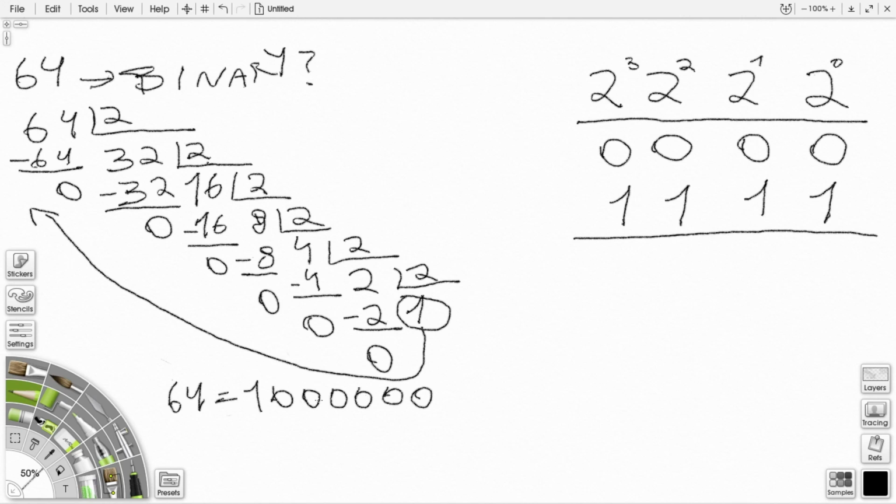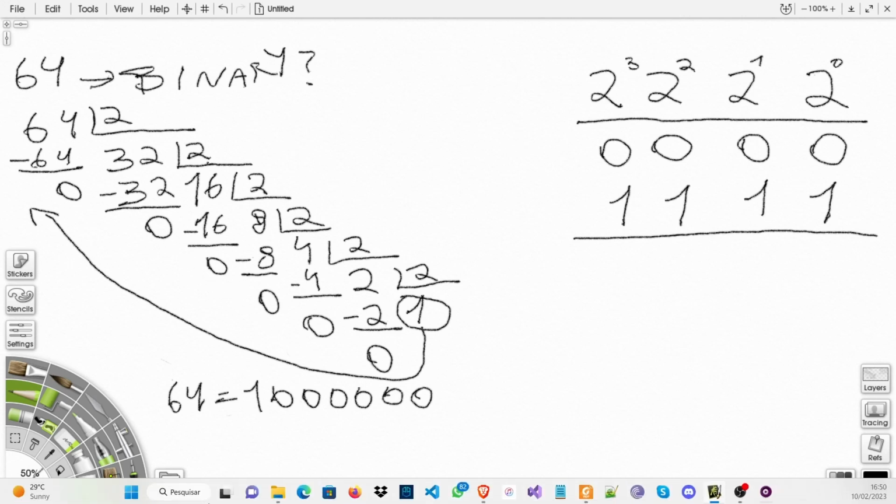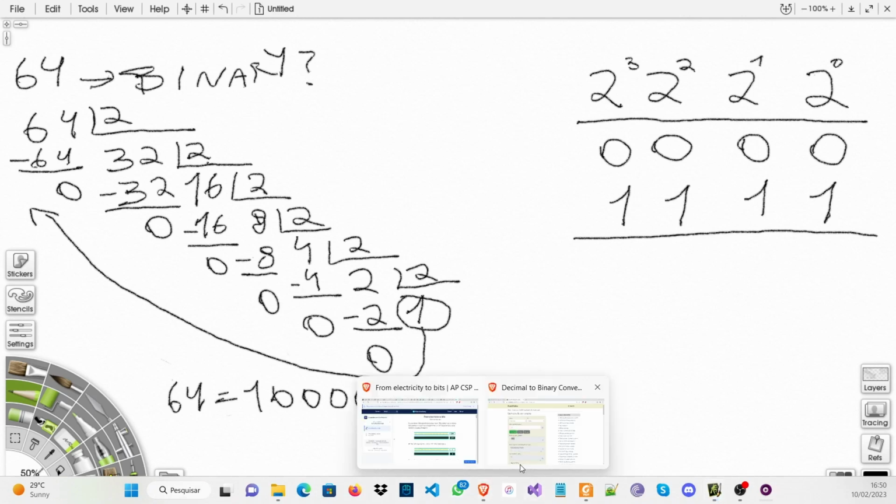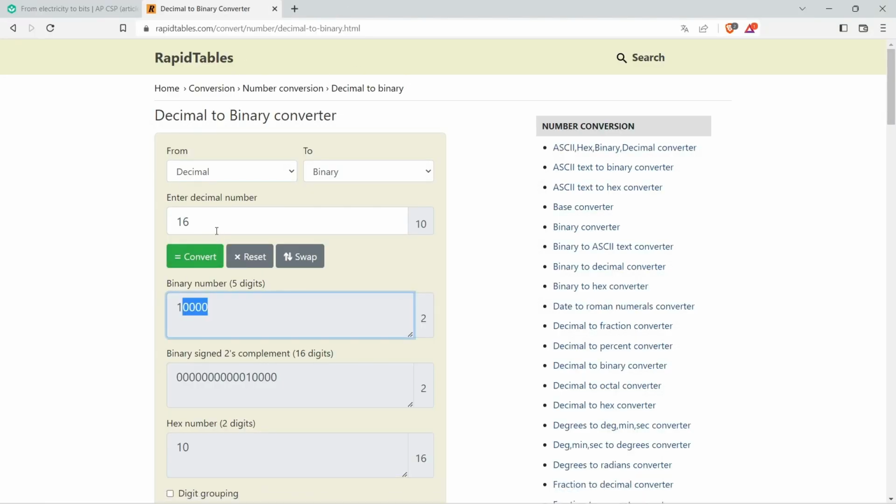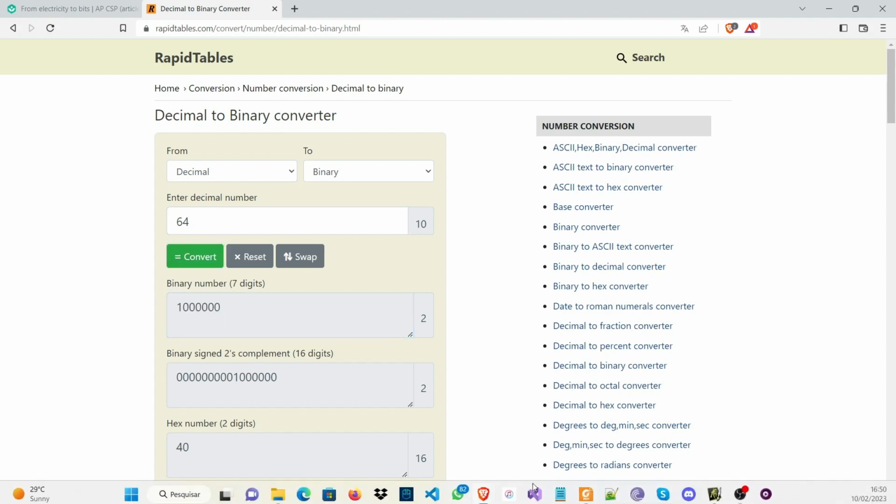How many zeros do we have? We have 6 zeros: 1, 2, 3, 4, 5, 6. Yes, exactly. Let's see if it is indeed what we were expecting. Yes, it is indeed 1 with 6 zeros, as you guys can see.